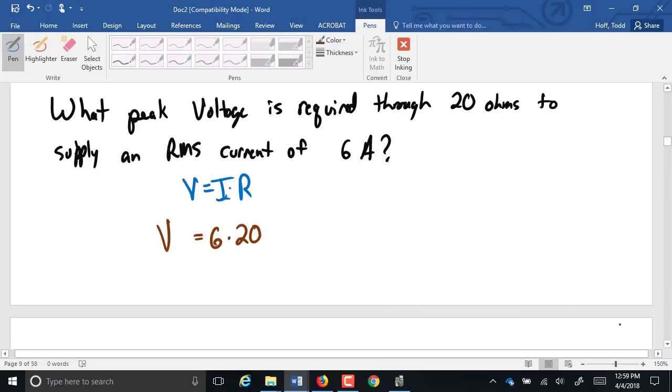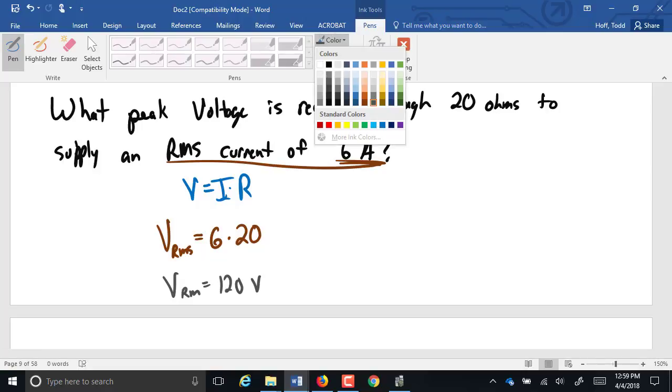So we've got V equals IR. 6 is our current, 20 is our ohms. What voltage is this going to give us, peak or RMS? RMS, because the 6 amps is an RMS current. So that gives us an RMS voltage of 120 volts. I really wasn't shooting for that, but it's convenient that it came out there.